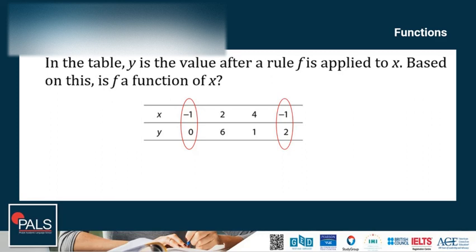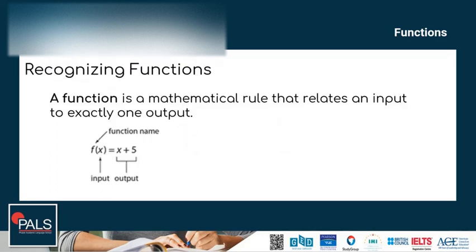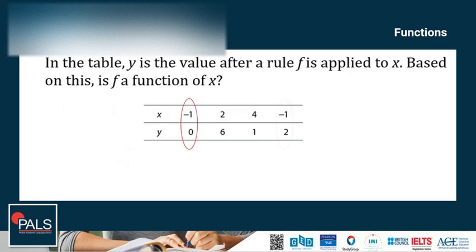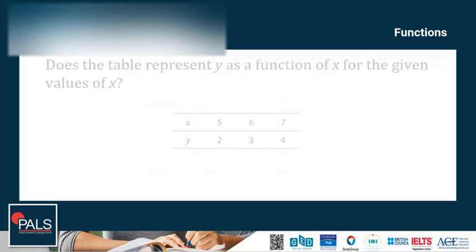Now, based on the definition of a function, a function is a mathematical rule that relates an input to exactly one output. So here, for one input, there are two outputs. So therefore, y is not a function of x.